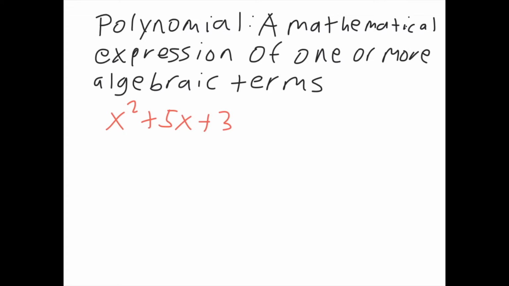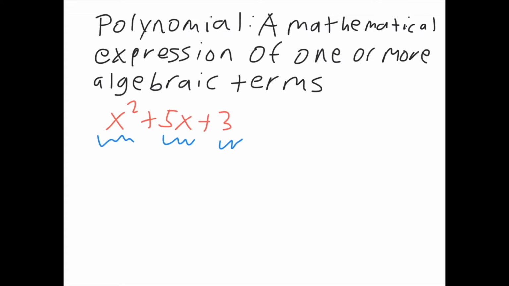And what it means by terms is each thing between the addition signs is a term. So here, x squared is a term, 5x is a term, and 3 is a term. So everything separated by addition signs or subtraction signs is considered a term. So in this case, we have a polynomial with 3 terms in it.